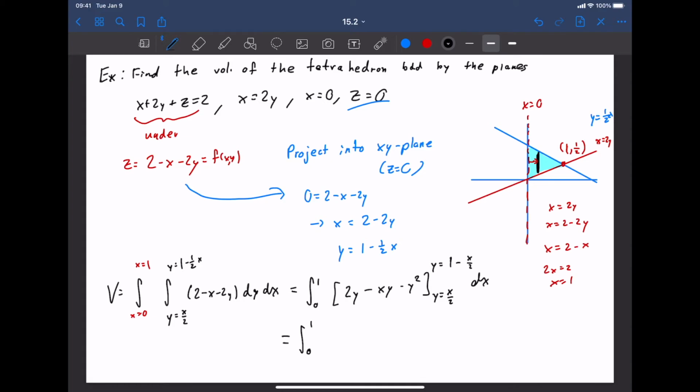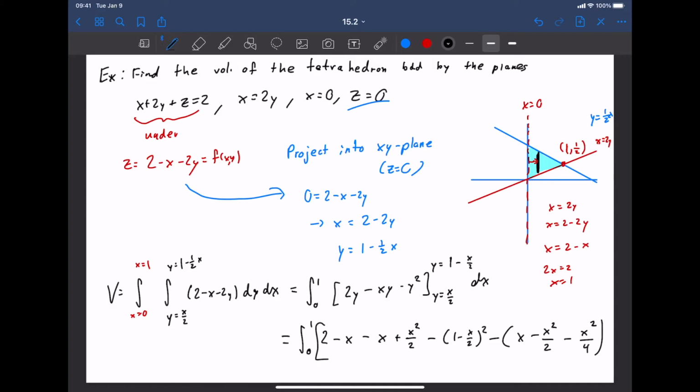So I'm getting 2 minus x times, we'll just do x times plus x squared over 2, minus (1 minus x over 2) squared, minus parentheses x minus x squared over 2, minus x squared over 4.